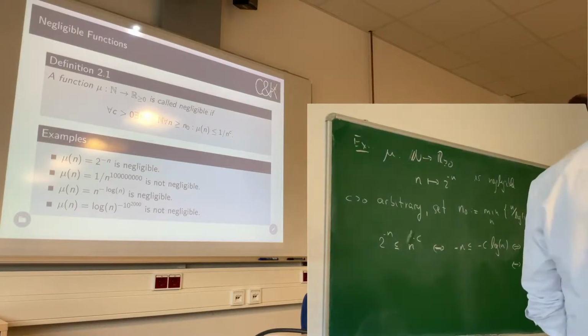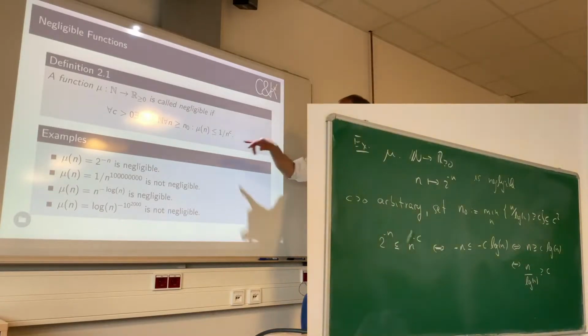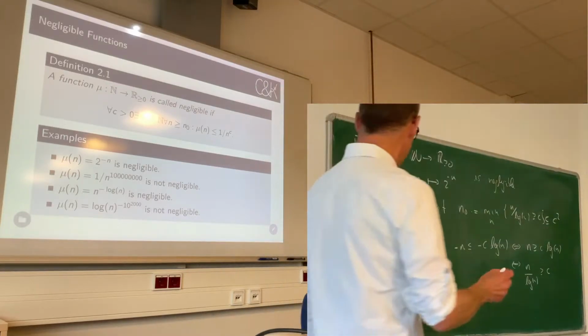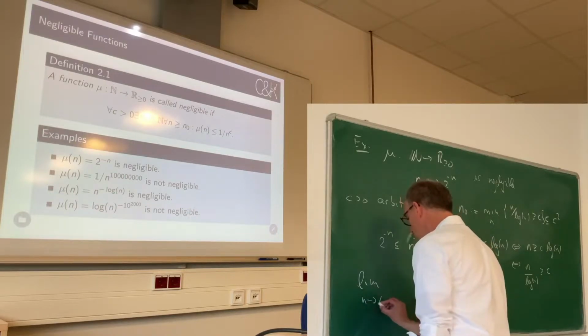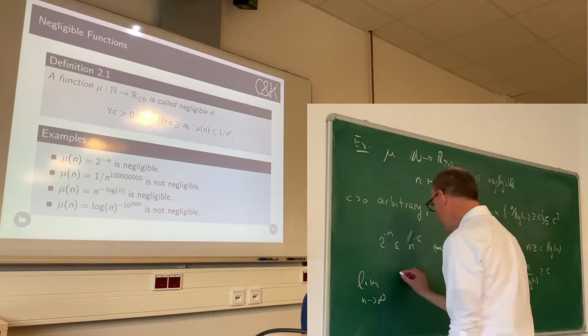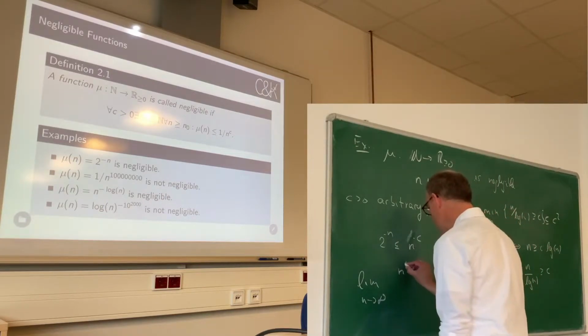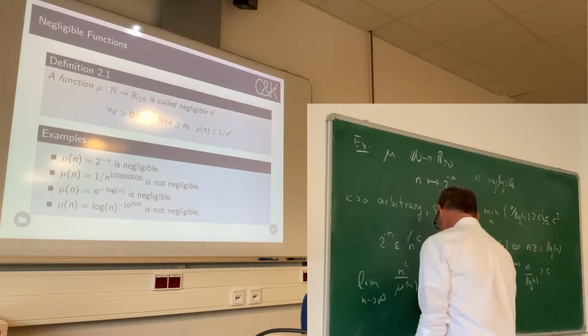And what we usually do is, if we look at this mu of n, it's usually sufficient to prove something about the limit.